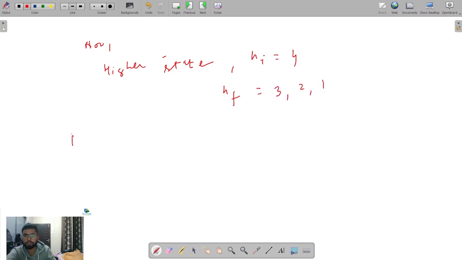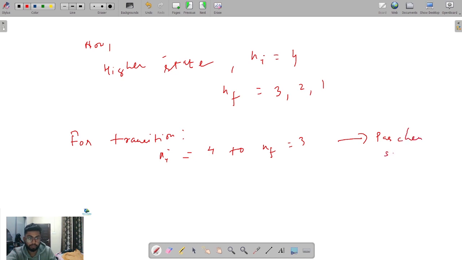For a transition ni equals 4 to nf equals 3, which is Paschen series.